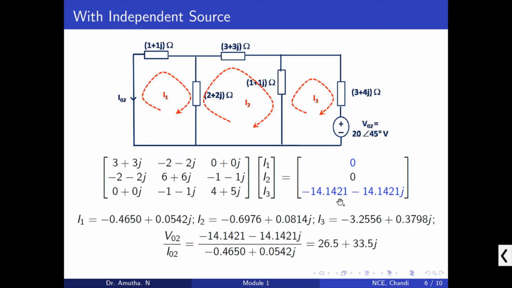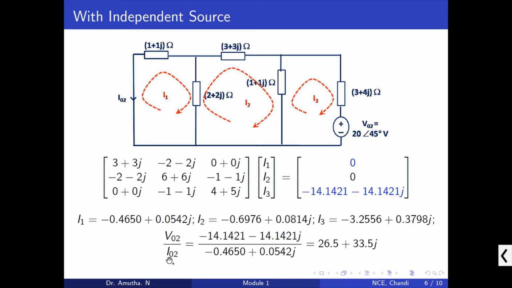So accordingly the rectangular coordinate of that value is minus 14.1421 minus 14.1421j. Okay. So from this we are calculating the loop currents I1, I2, I3, and from there we are calculating the ratio of the applied voltage and the observed current, right?